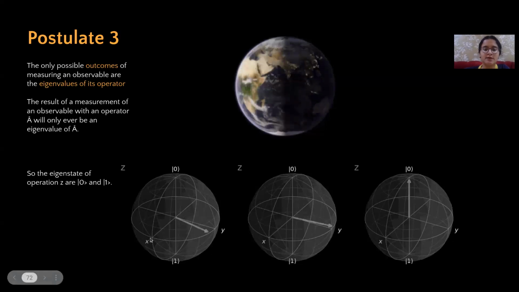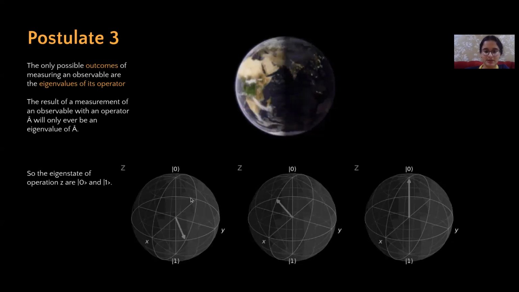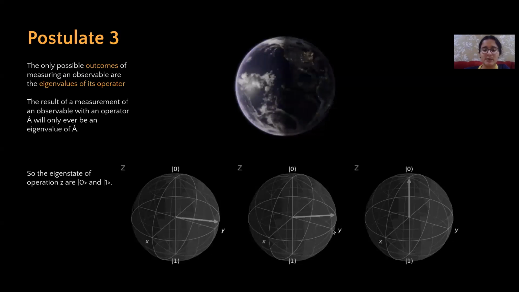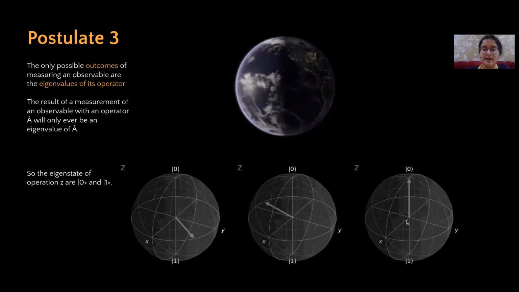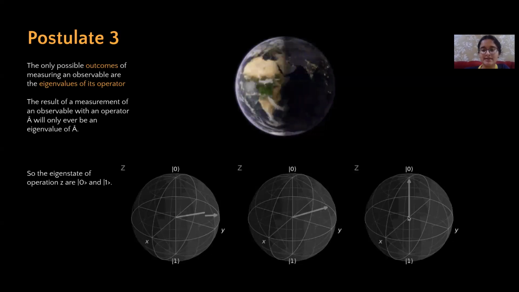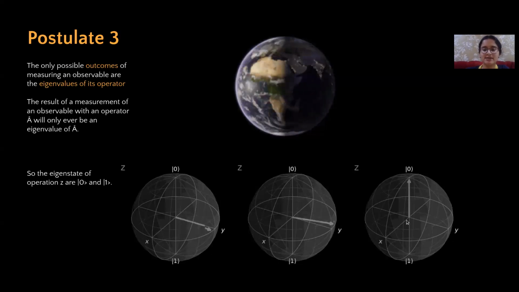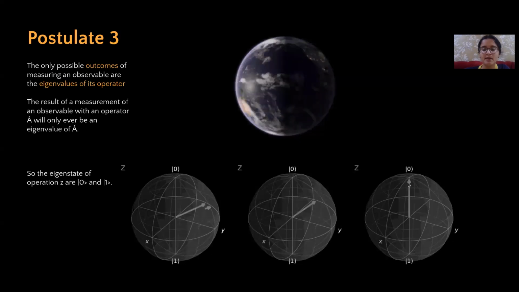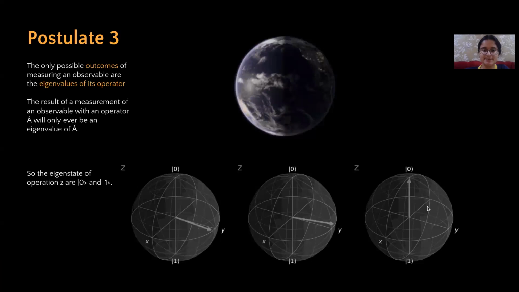So if we were in the positive X direction and apply the Z gate, we see a 180-degree rotation. If our initial state was the positive Y direction, we still see a 180-degree rotation. But if our initial state is coinciding or parallel to the Z axis, then that state is the eigenvector, because it is unaffected by any rotation about the Z axis.